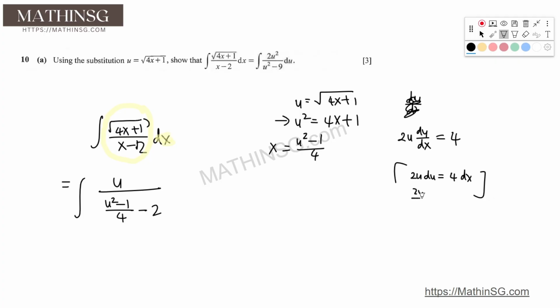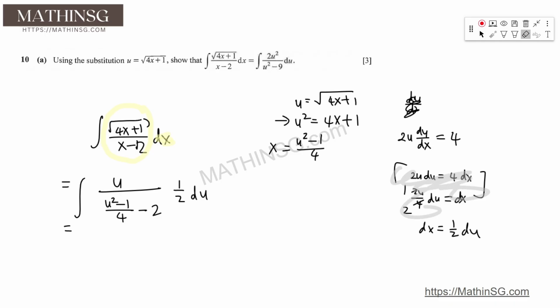So 2u over 4 du equals dx, or dx equals half u du. So I'm going to change this to half u du. I will not show this split to the examiner because mathematically you're not supposed to split this up.